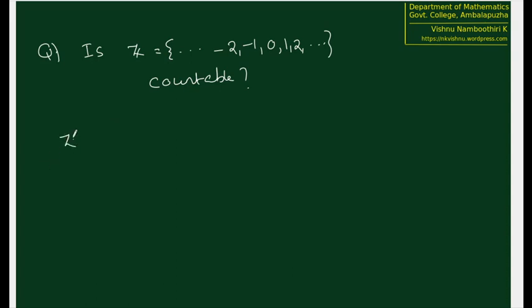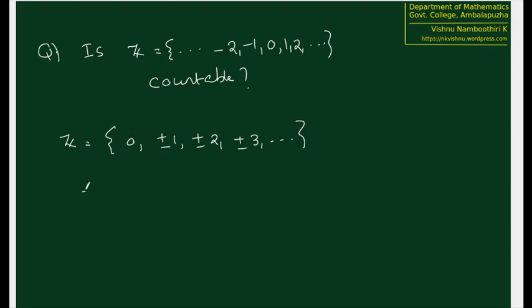So one possible labeling for Z is the following: 0, plus or minus 1, plus or minus 2, plus or minus 3, etc. But here now the problem is that of course we can say that 0 is the first element.